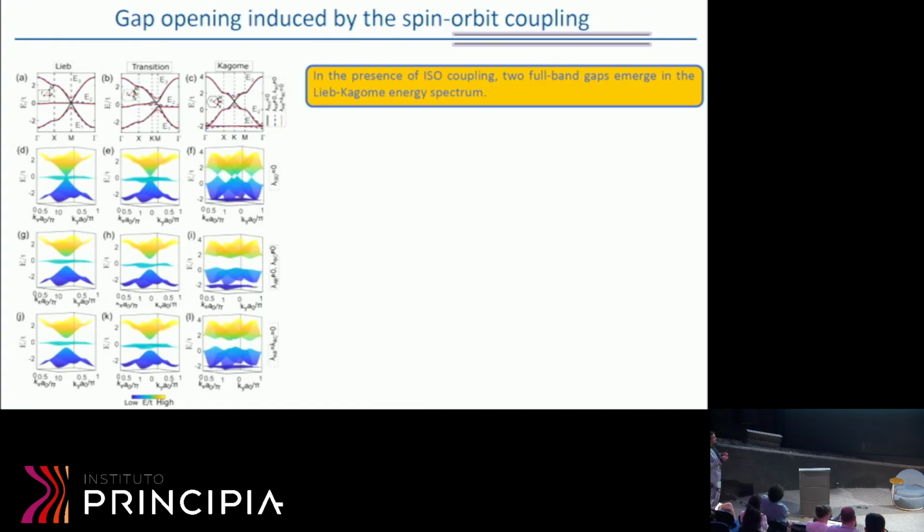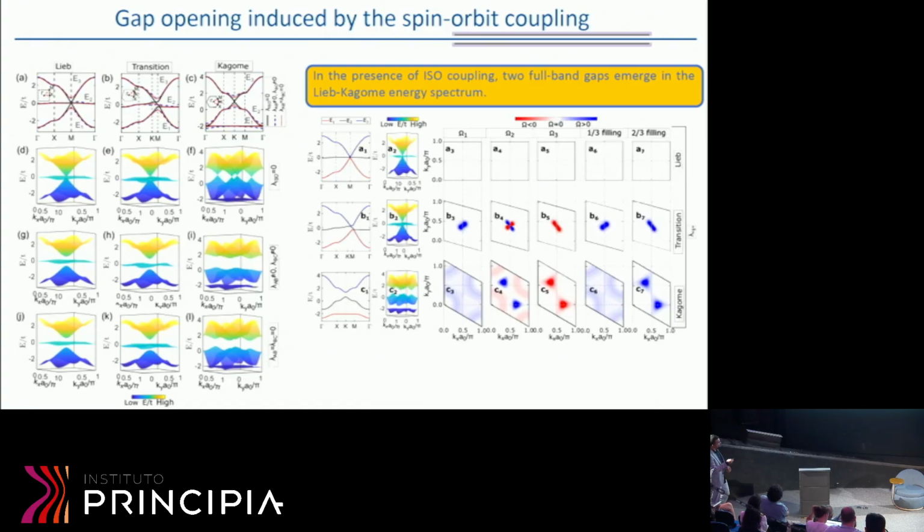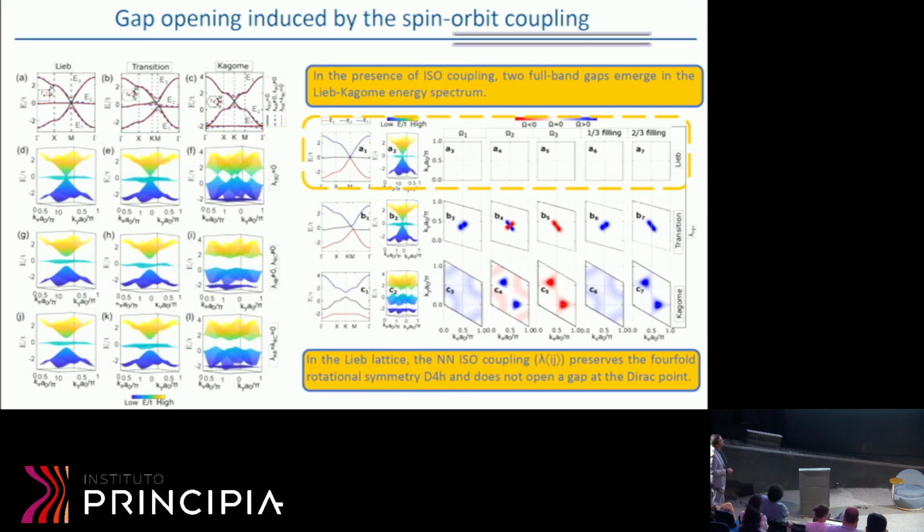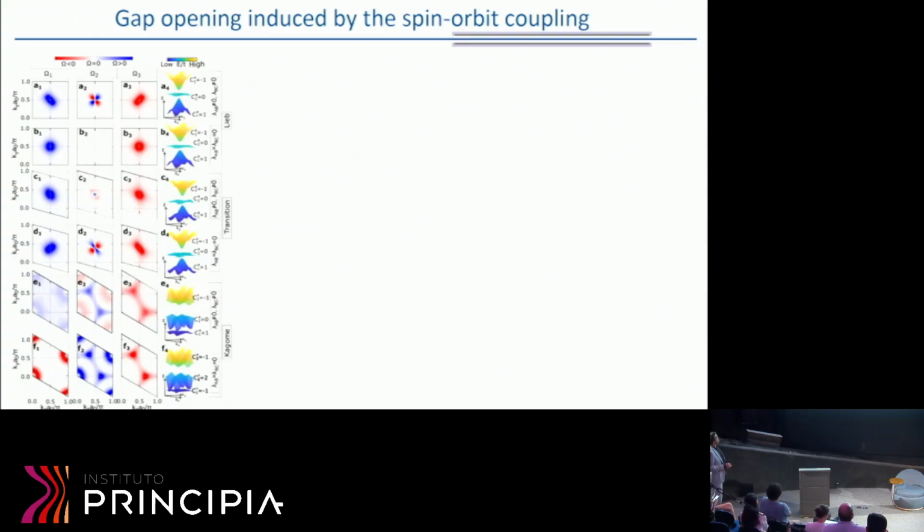But I have to say that if you take just nearest neighbor, the Lieb lattice does not open a gap when you include spin-orbit coupling, because it keeps the D4h symmetry. And we started to play with the different lattices, the different couplings, and also the strain. But let's start with this one.